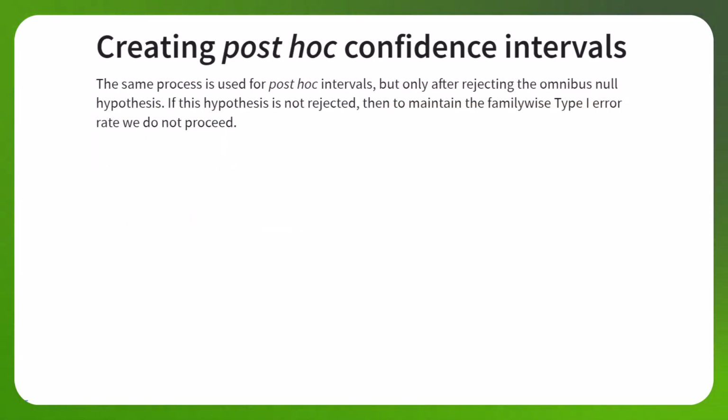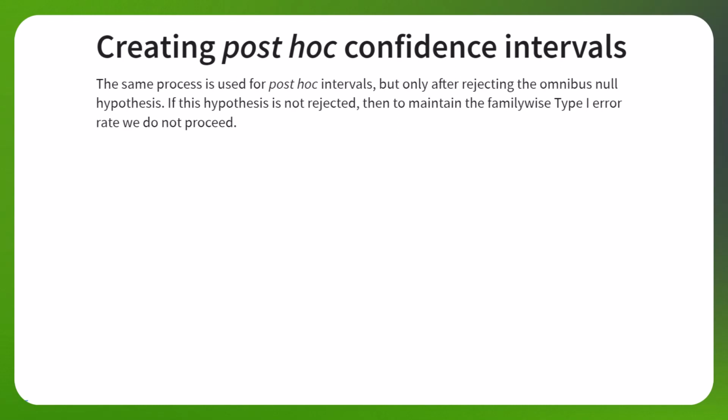What about if we want to do the omnibus test first? What I was just doing were what we call planned comparisons. That is, we're skipping the omnibus test and going right to planned comparisons. We would use the exact same process for post hoc intervals, but if you want to maintain your type 1 error rate, and you should, you only go to those intervals if you reject the omnibus null hypothesis.